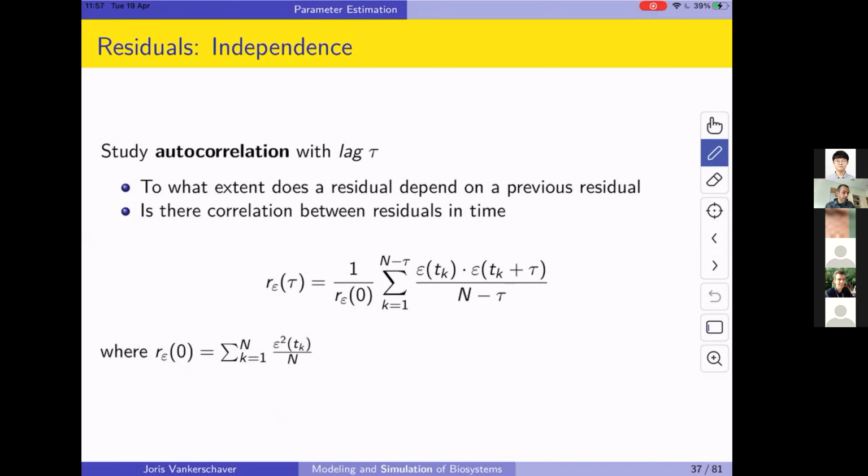So here we have big N data points, so N residuals, and we take the original residuals. So let's draw some residuals. Let's say we have 5 like this. So this is 1, 2, 3, 4, and 5. And now let's say tau is equal to 2. So we make another copy of that signal, and we shift it by 2 towards the left.